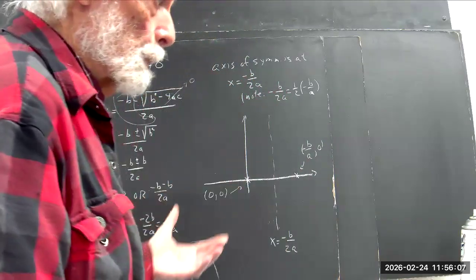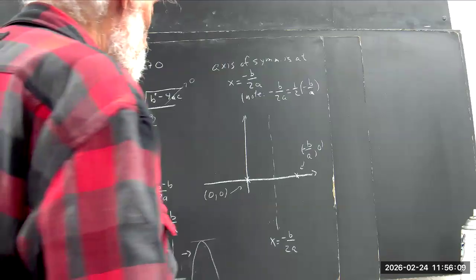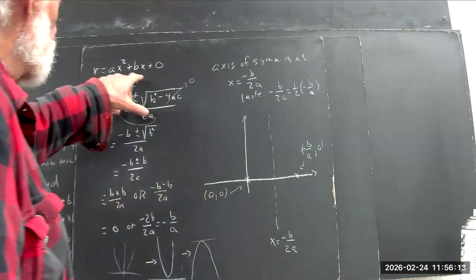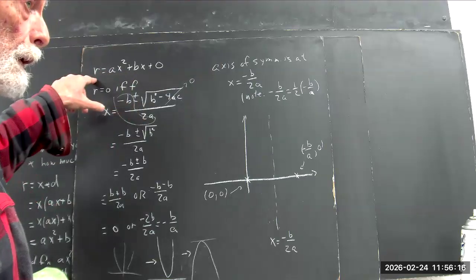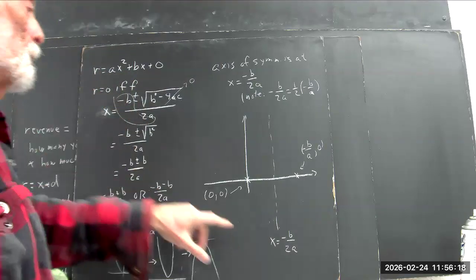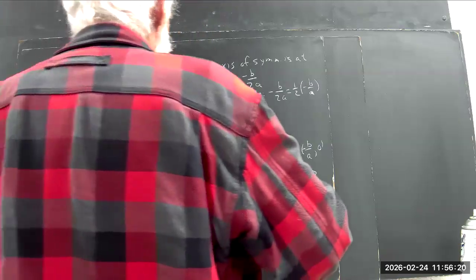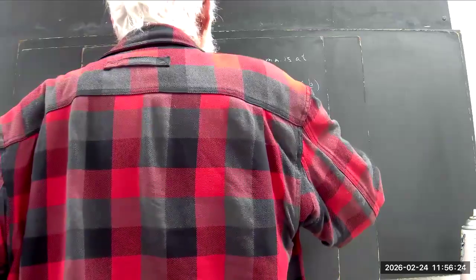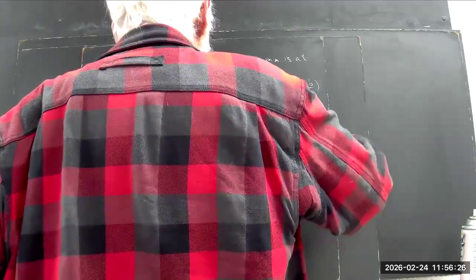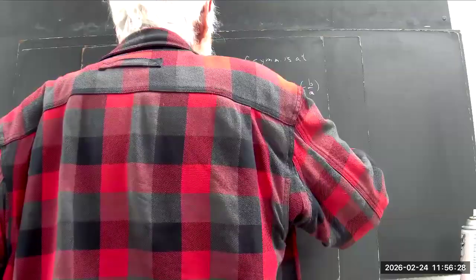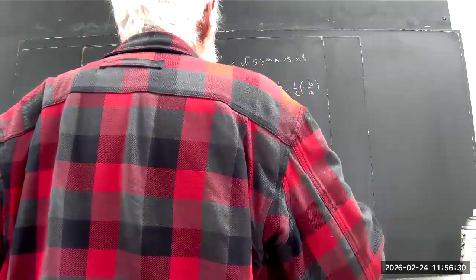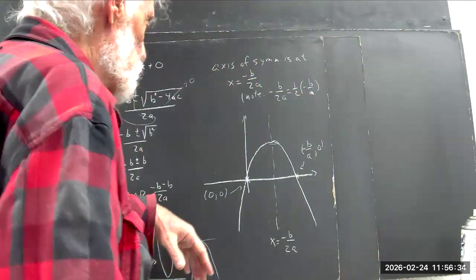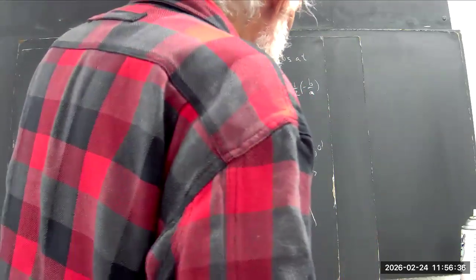The vertex of the parabola is going to lie on this line. If we plug x equals negative b over 2a back into the form of the function, we can find what r is going to be when x equals negative b over 2a. But the one thing we know is that the graph is going to look something like this. Okay, symmetric, and I went down too fast here. My symmetry is not good in my picture.